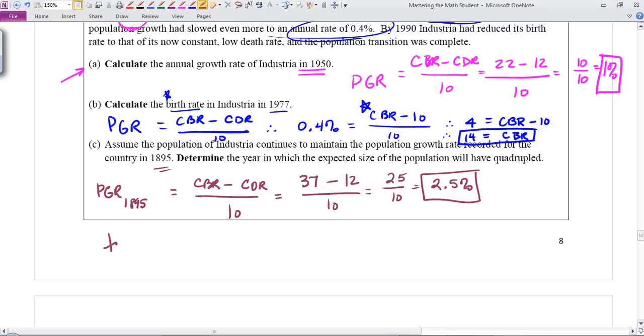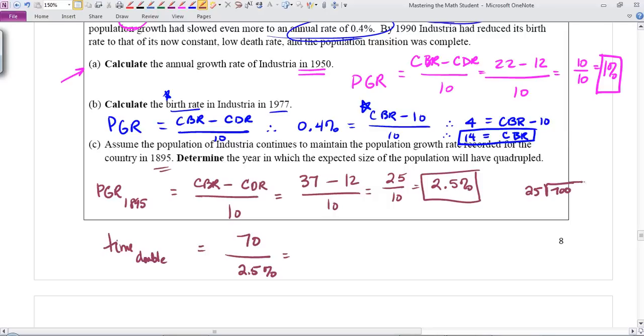So time to double is equal to 70 divided by that 2.5% that I just calculated. And now, what's that going to be? Well, you're going to have to do a little bit of math here. So 25 into 700. Go back to elementary school with me. If I'm going to move that decimal to be able to divide, so now it's 700.